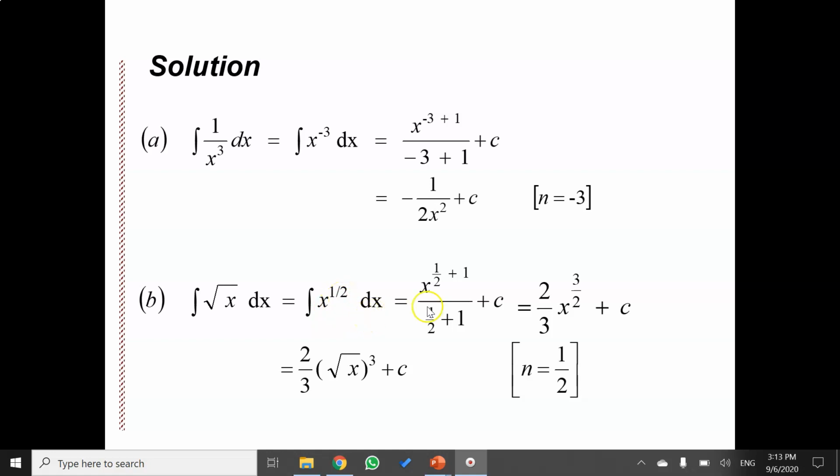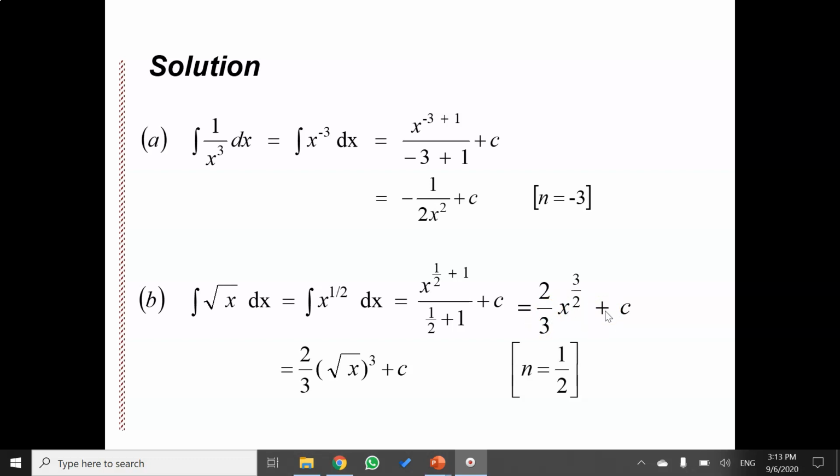When we integrate this part, you will get x to the power of half plus 1, and then don't forget to divide by the new power, 1 over 2 plus 1, plus c. You simplify this and you will get 2 over 3 x to the power of 3 over 2 plus c.